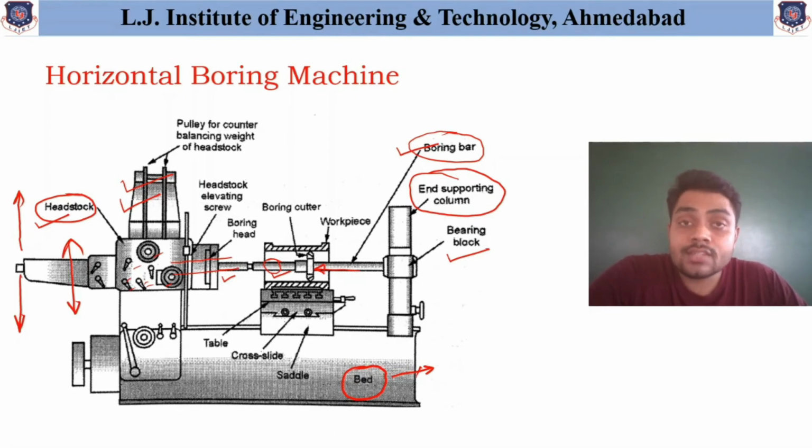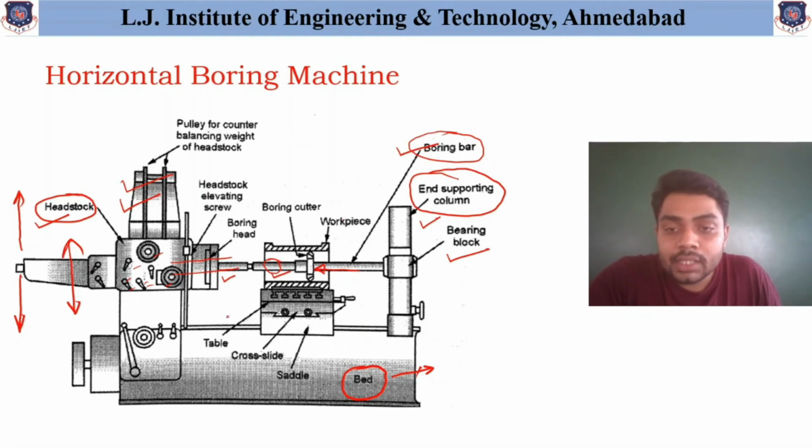So if the size of the workpiece is comparatively larger, and at that time if the boring tool requires support from both sides, at that time this end supporting column is useful. And again I am repeating this, it provides support to this bearing block and the boring bar as per the requirement.